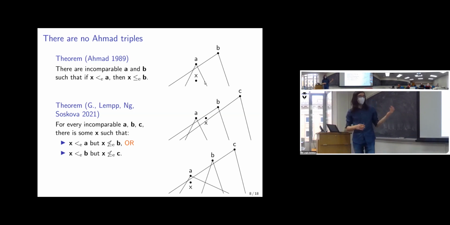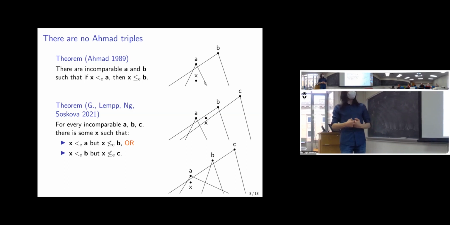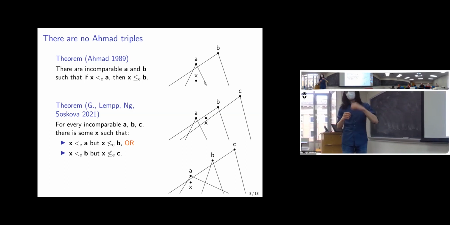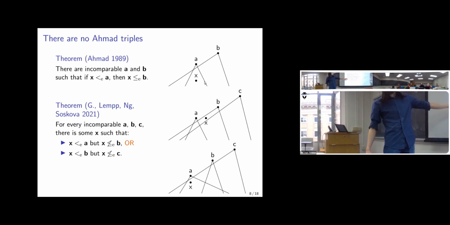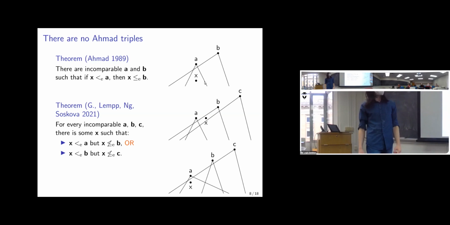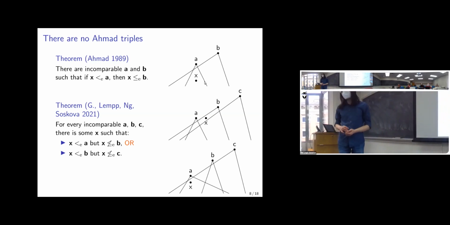It's not explicitly shown by Ahmad, but it can happen. In that case, our theorem says that you must be able to find something below A that's not below B. Because in this case, the second bullet point must fail, so the first bullet point must be true, so that we have some X as indicated in the picture.